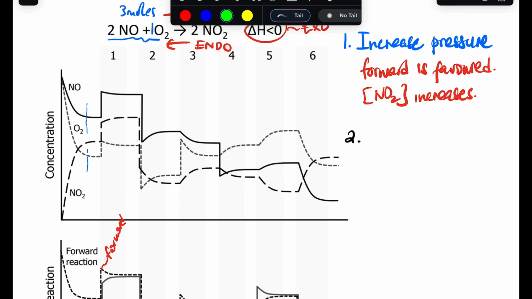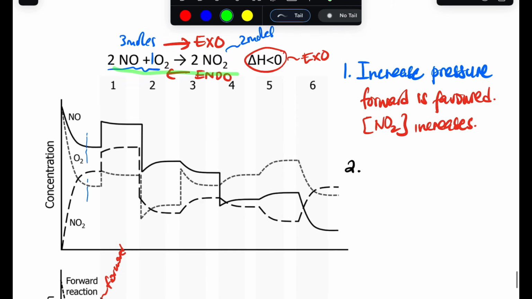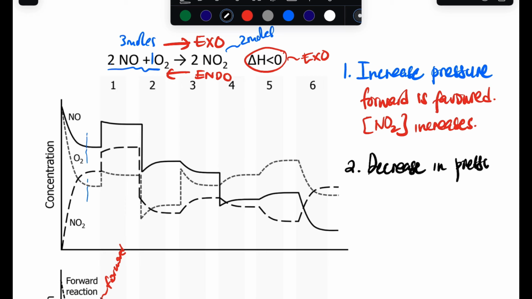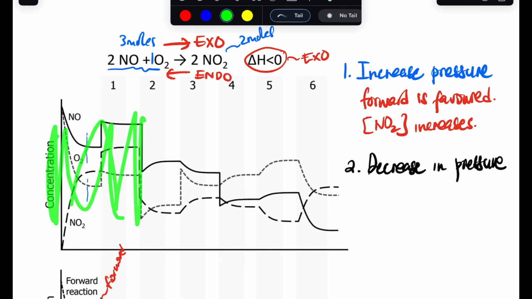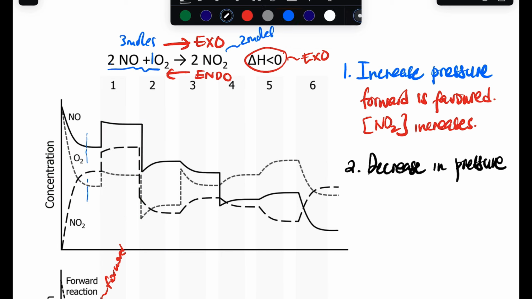So when all concentrations of the reaction decrease, that's a decrease in pressure. It's very important. Decrease in pressure, guys. That happens in the concentration versus time graph. So this is a what? Pressure, right?